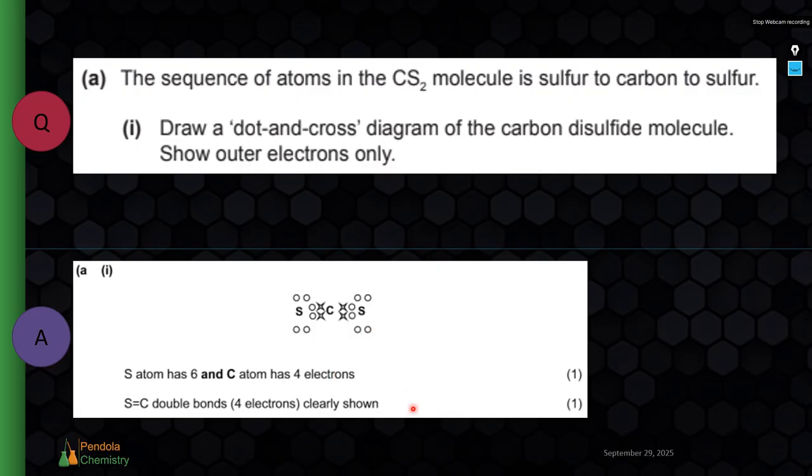And then you get another point for the sulfur-carbon double bonds being clearly shown, meaning that you have that dot and cross pairing between the sulfur and the carbon for both bonds, making it a double bond. So a very generous question here. Even though it's only one structure, we do get both points.